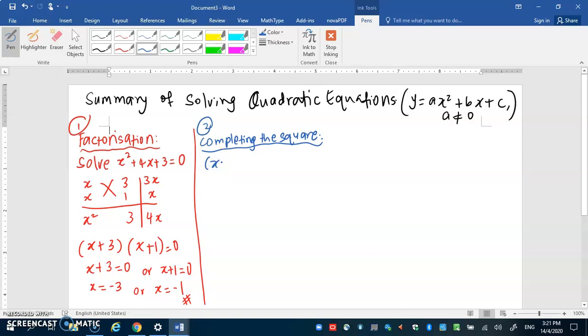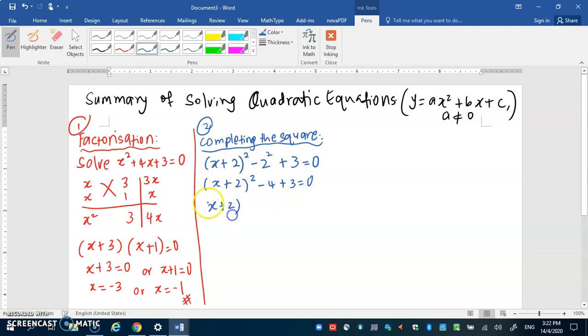You would take the 4 over here, divide by 2. So in the bracket you have x plus 2 whole thing square. Then you would minus away this 2 square. And because there's still a plus 3 here, continue to write plus 3 equals to 0. So x plus 2 square minus 4 plus 3 equals to 0.